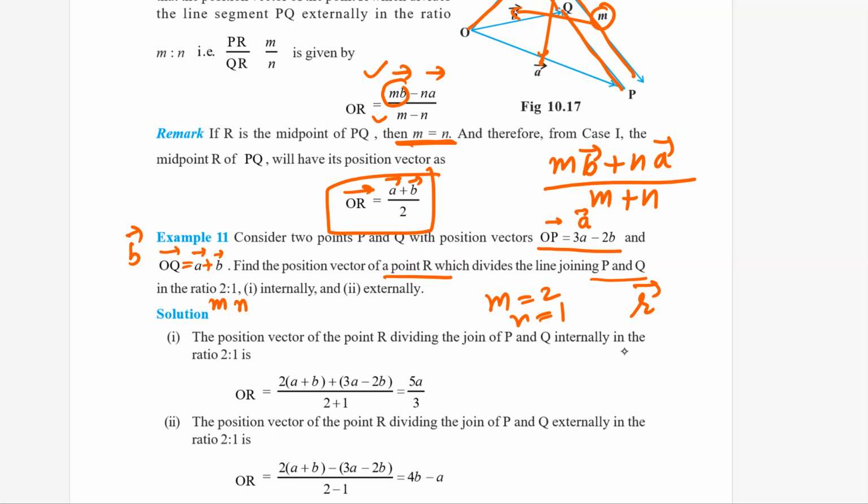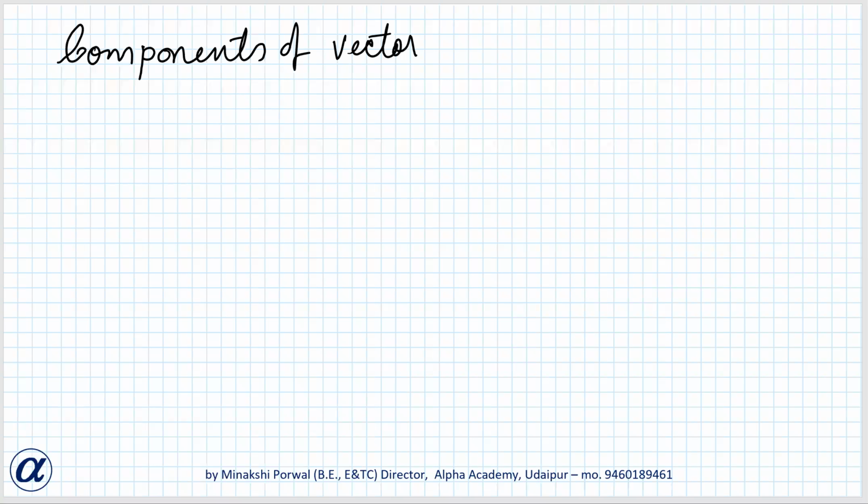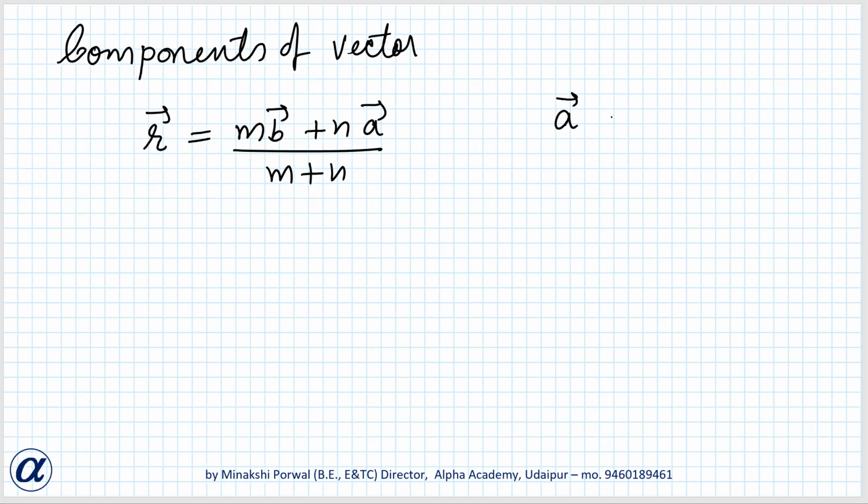So basically r equals m b plus n a upon m plus n. A here is 3a minus 2b.